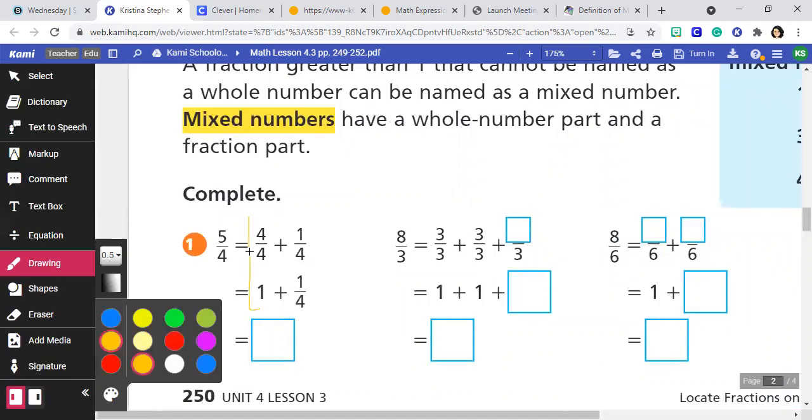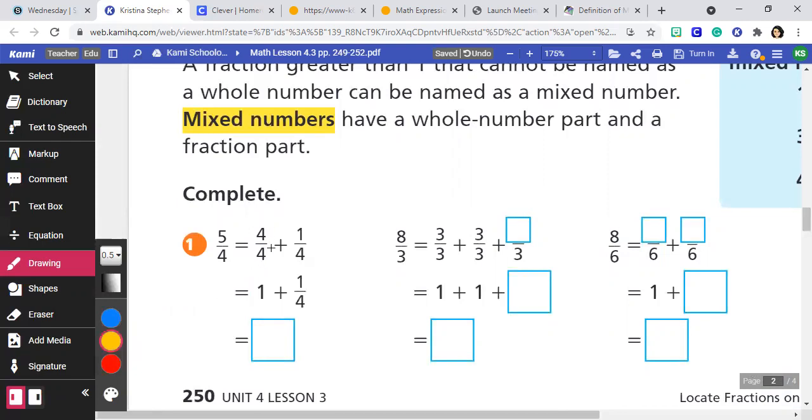Do you guys see that right here? 4/4 is the same thing as 1 whole. And so instead of writing it as 4/4, we're going to write it as a whole number 1. But this fraction part can't be written as a whole number, so we are going to leave it as a fraction, 1/4.